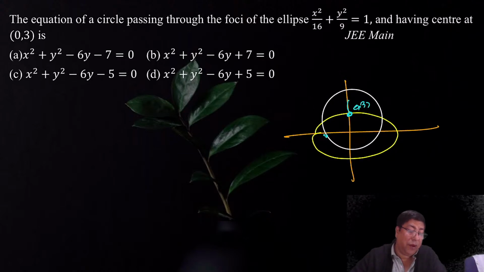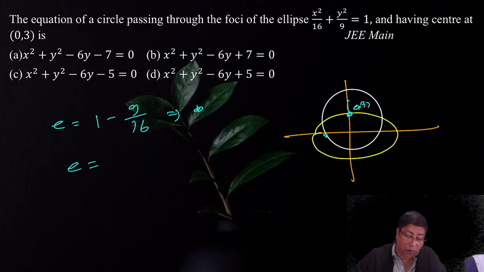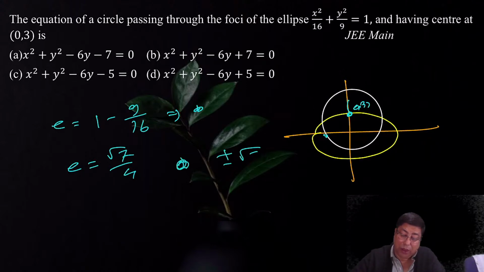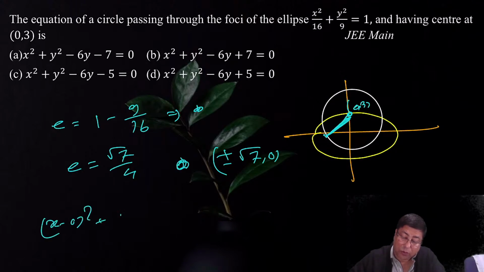In this case, you have to find e square equals 1 minus b square by a square, 1 minus 9 by 16. Therefore, e equals root 7 by 4. Therefore, the foci are (plus minus a e, 0), that is (plus minus root 7, 0). So the equation of the circle is what? x minus 0 whole square plus y minus 3 whole square equals radius square.